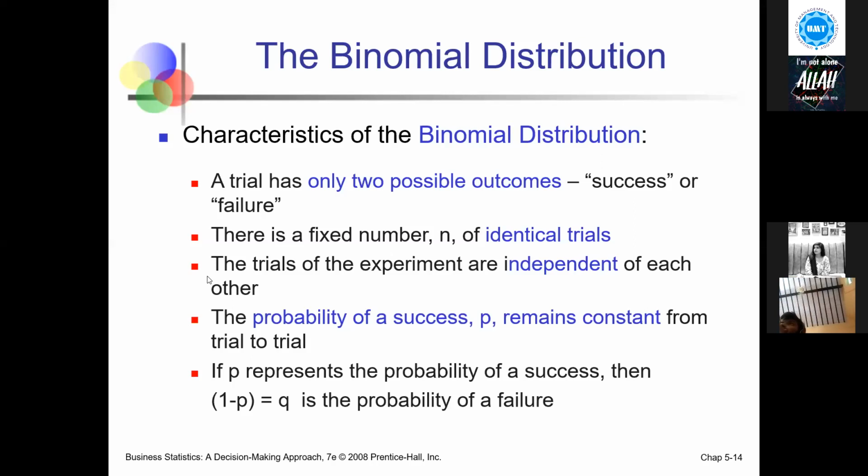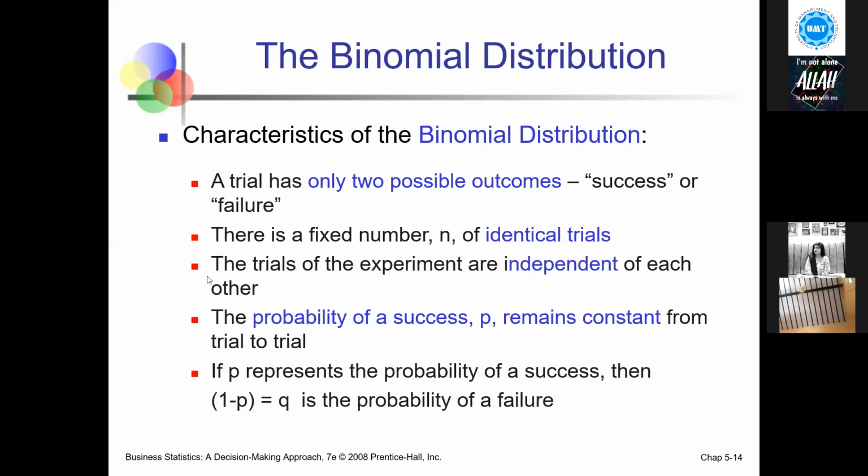The third is that the trials of the experiment are independent of each other. Like we are tossing two coins, and we knew that before. Each of the coins is mutually exclusive and independent.